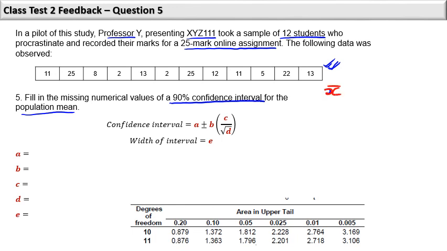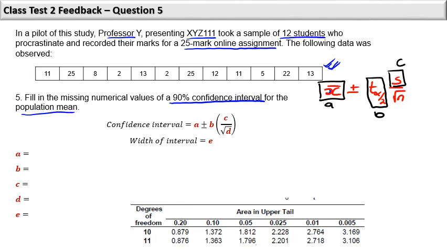It's x bar plus minus t alpha over 2, and then it is s over the root of n. So you will agree with me then that from this formula, this is your A, plus minus this is your B, this is your C.